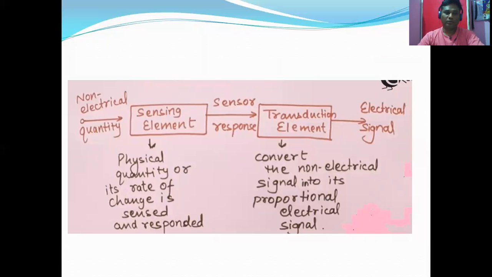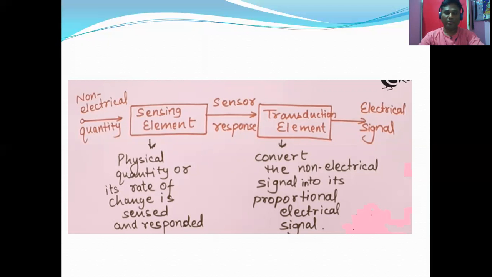So let us consider this diagram. In the sensing element, we give the non-electrical quantity as input, the physical quantity, whose rate of change is sensed and responded to. What is the main role of the sensing element? It changes the non-electrical quantity to a sensing signal. The sensing signal is the response to the input of the transduction element.